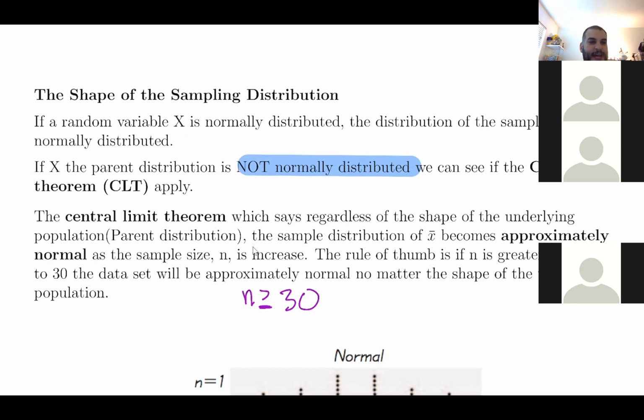If the sample size they're randomly selecting is like 5, then we can't say it's approximately normal because the sample size is too small. But say the sample size is 30 or 100. Since 30 and 100 are greater than or equal to 30, now we can say it's approximately normal. Any question in regard to the rule of thumb for the central limit theorem?